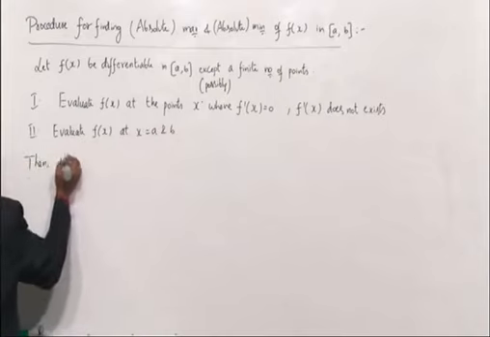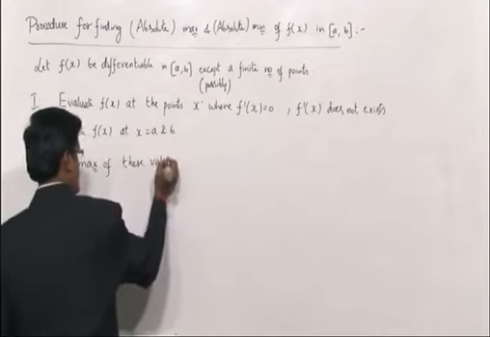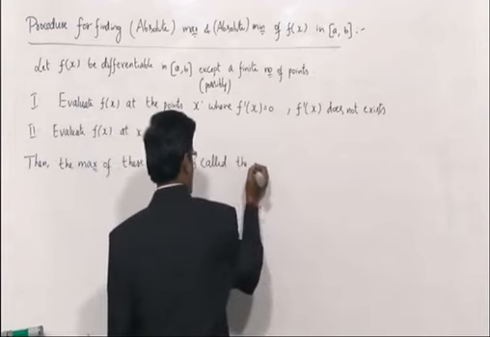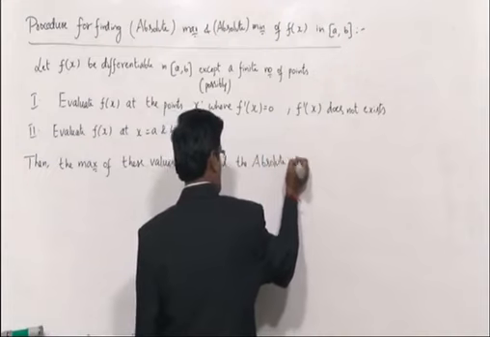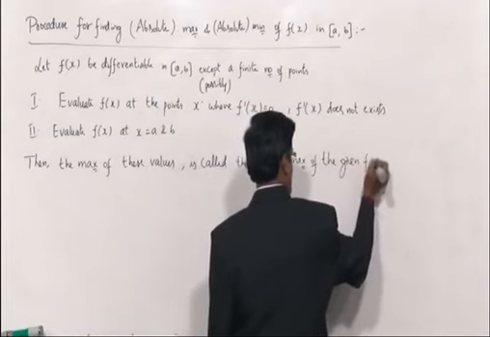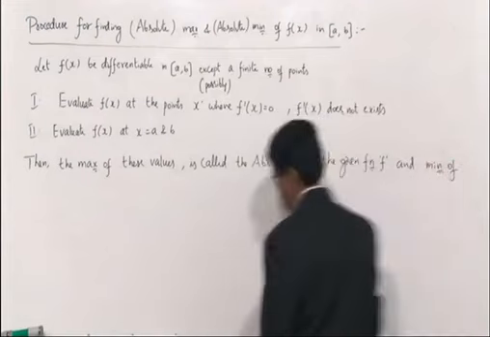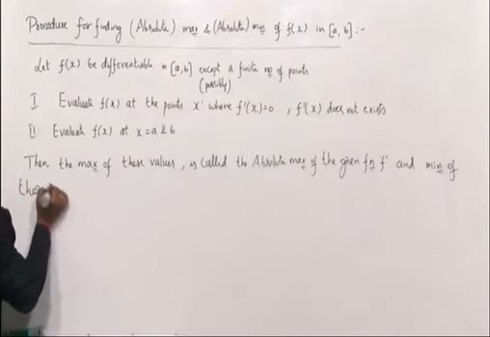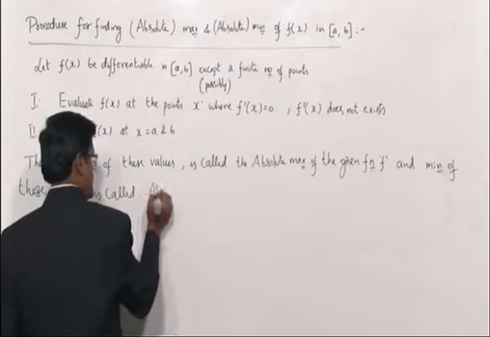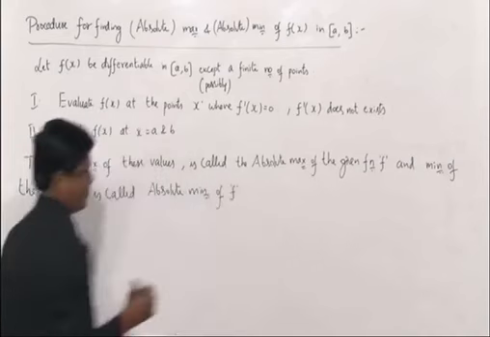Then the maximum of these values is called the absolute maximum of the given function f, and the minimum of these values is called the absolute minimum of the given function f.